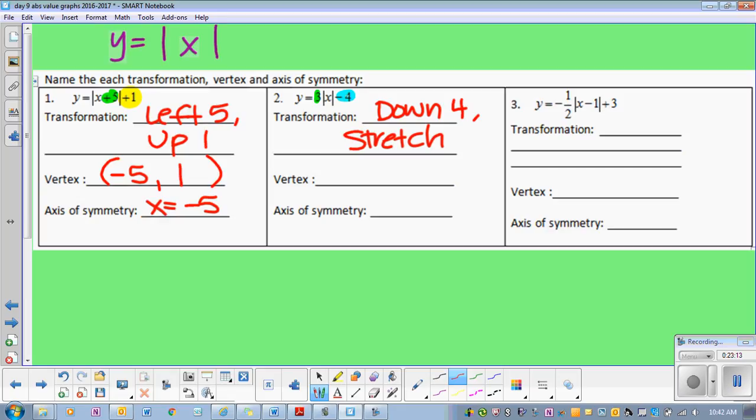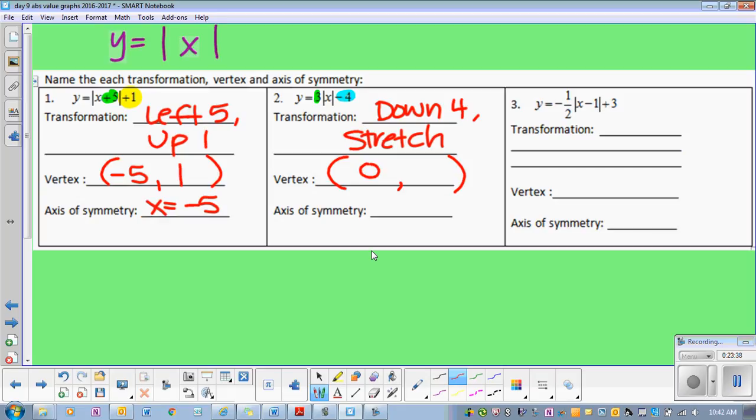Okay. Now, what is my vertex? Let's see. Opposite the number inside with the x. Hold on. Is there a number inside the bars with the x? No. So then what number do I have to put? What is nothing? 0.